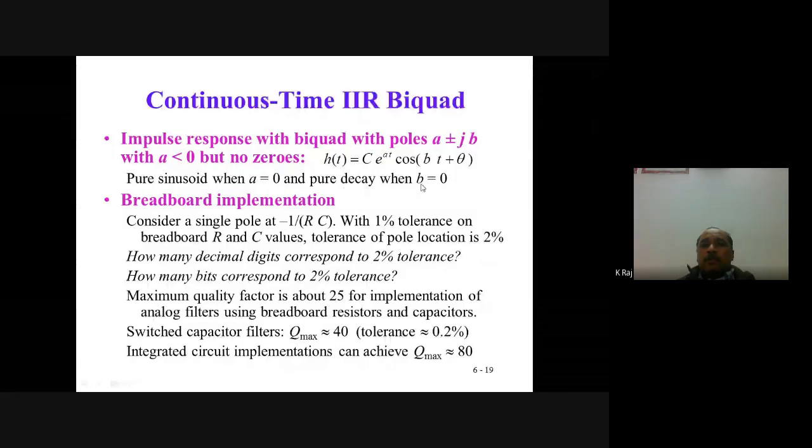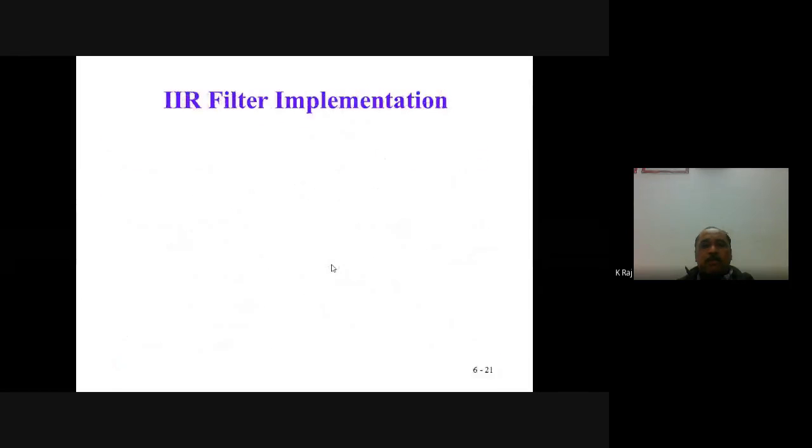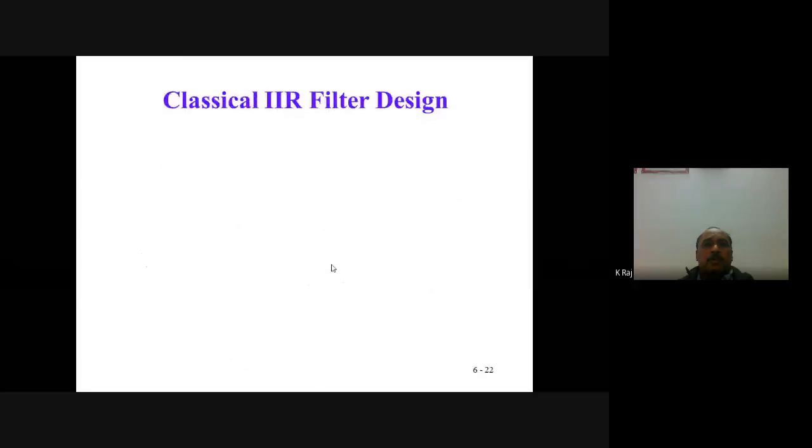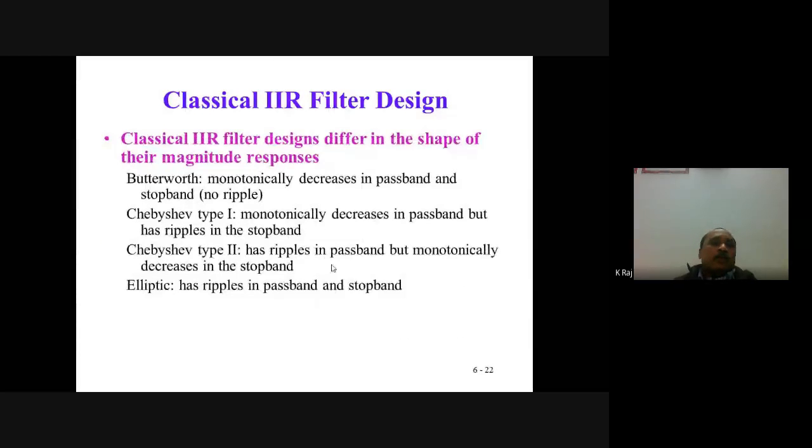For breadboard implementation, we know that in order to design any filter, we have to use RC filters, and according to the frequency, we have to select the values of R and C. Here is the tutorial by which we can select the values of A and B.